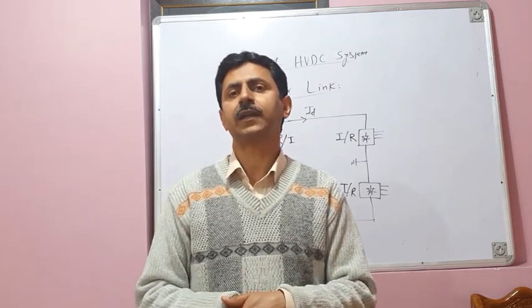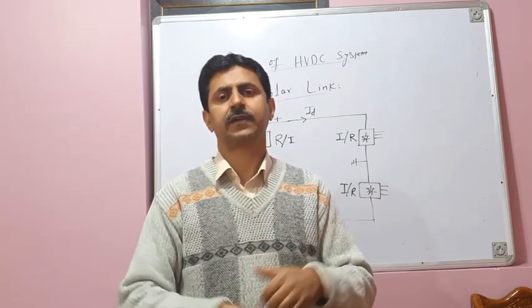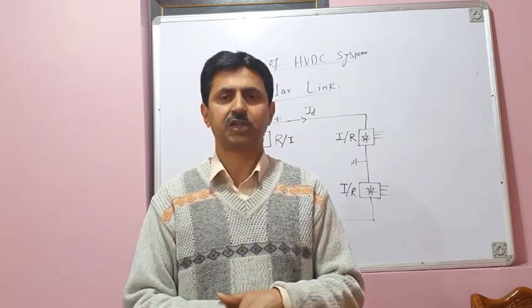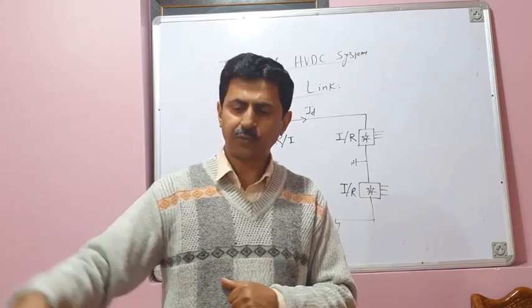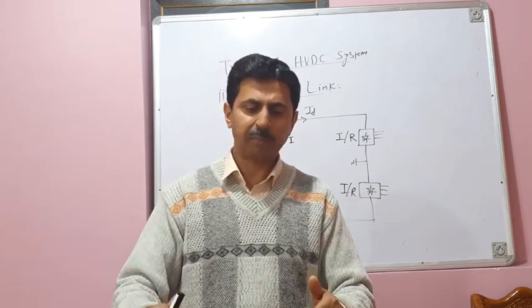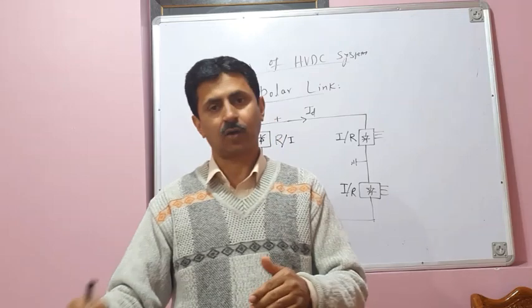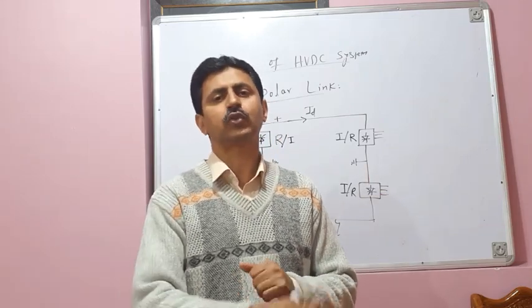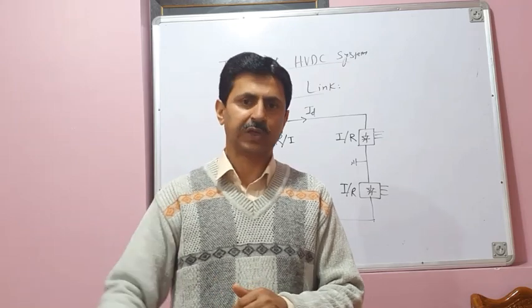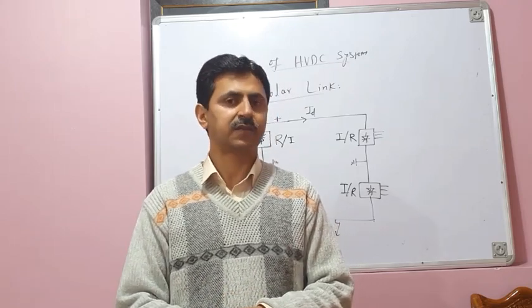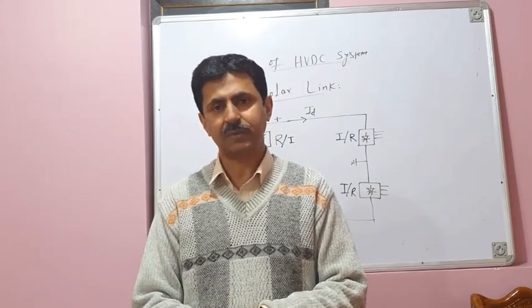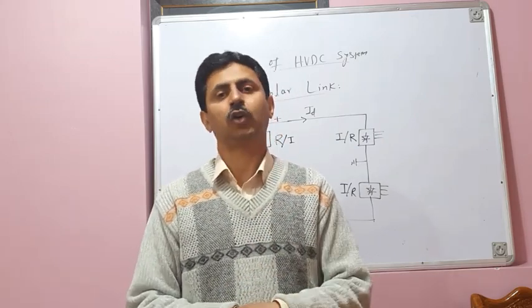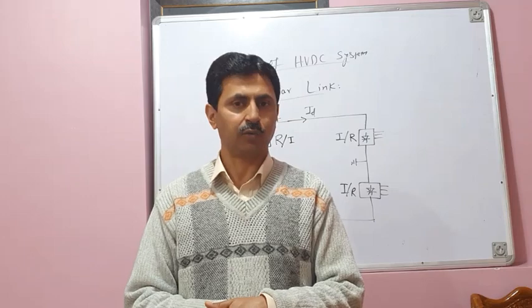Another problem is that since ground is used as a return path, the flow of currents through the ground is objectionable, because there are pipes, cables, and other objects generally buried under the ground. When this ground current flows through the pipes and the cable sheaths, it causes corrosion of the pipes, the cable sheaths, and other metallic objects buried inside the ground.